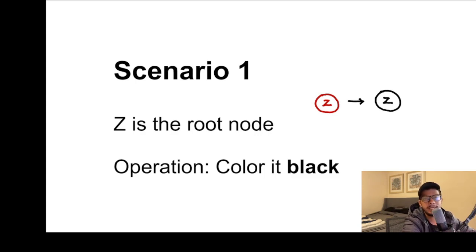So the moment we insert the first element Z, we color it red. We realize that Z is now the root node, and the root node cannot be colored red because it violates one of the properties of a red black tree. So the operation that we perform to fix this violation is to color this red node back to black. That is the first scenario.